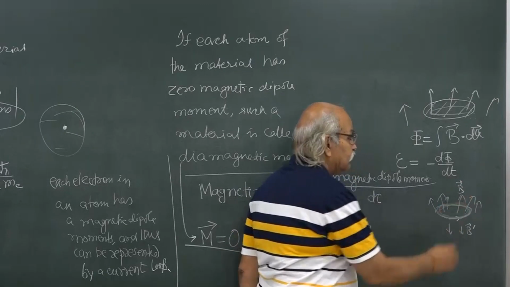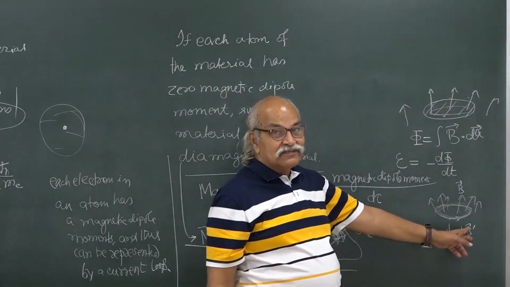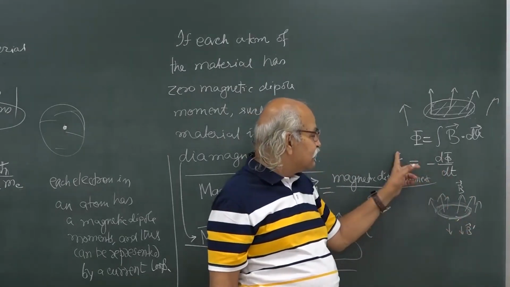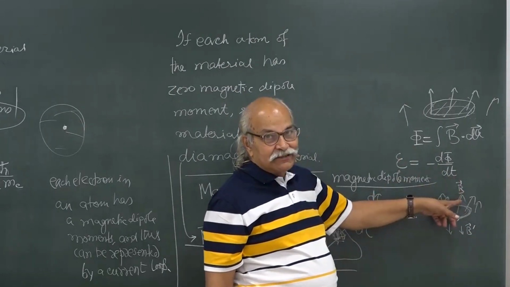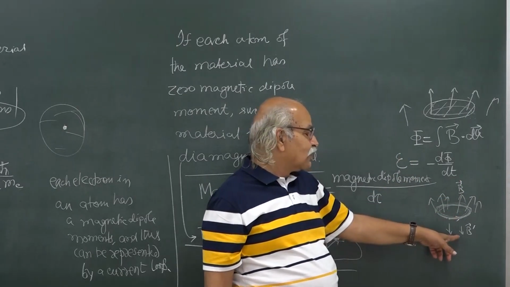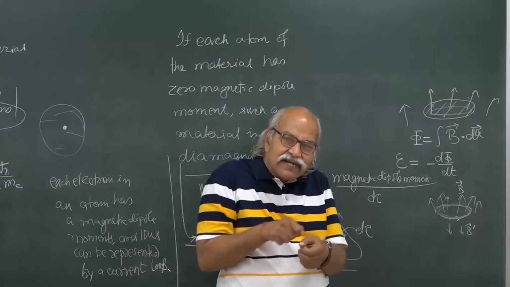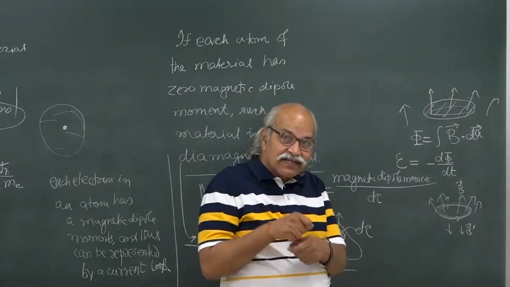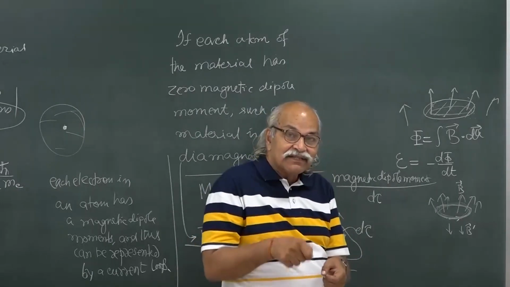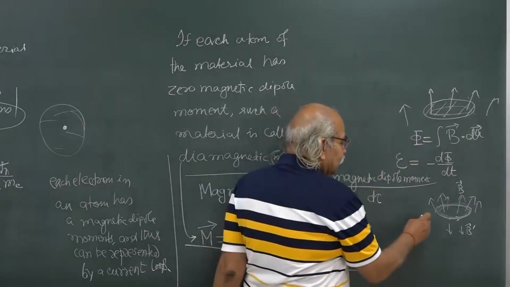right. This is the magnetic field that we applied, and this is the magnetic field I am talking of, which is produced by this extra current induced because of this flux change, because of this change in B, and that should produce a magnetic field in the downward direction. And that means with that extra current which is flowing, if you write the magnetic dipole moment corresponding to that, then that should be in this direction.